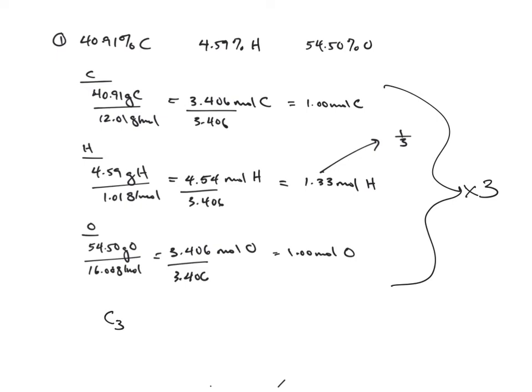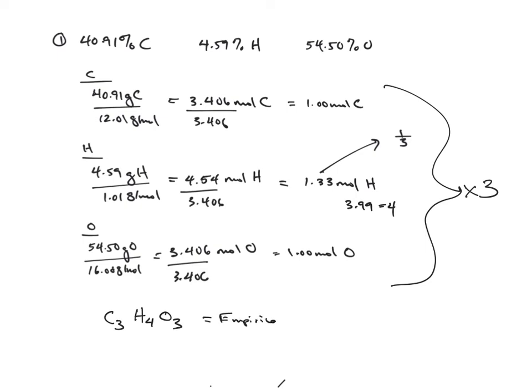Then 1.33 times 3 is 3.99, which for all intents and purposes is equal to 4. So H4 and O3. This is my empirical formula.